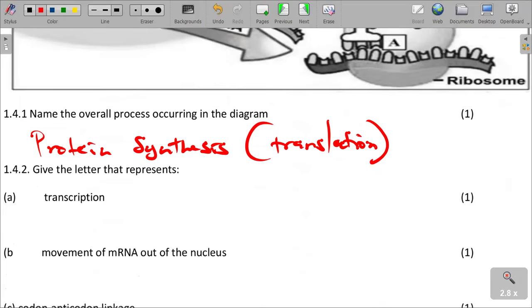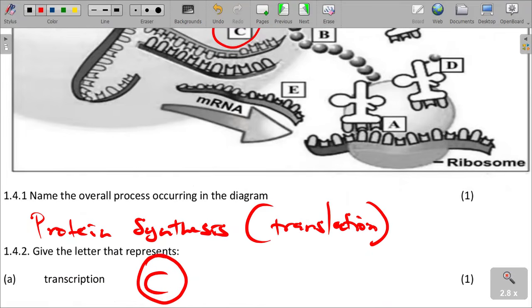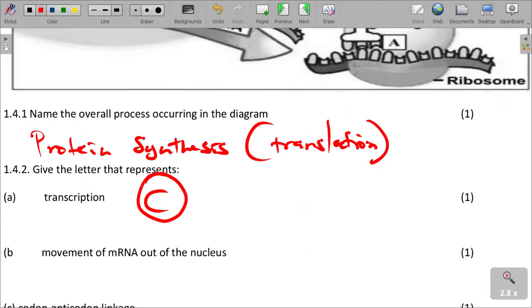Of transcription. So transcription is occurring by letter C, as you can see on the diagram. The single strand wedging below the original DNA strand causes the assimilation of the genetic code into the single strand, the mRNA that is being formed, defining transcription.